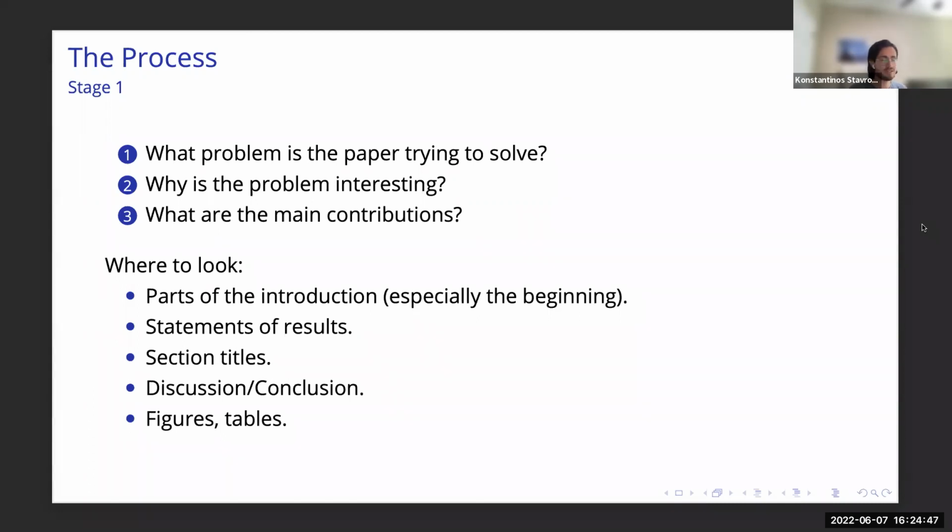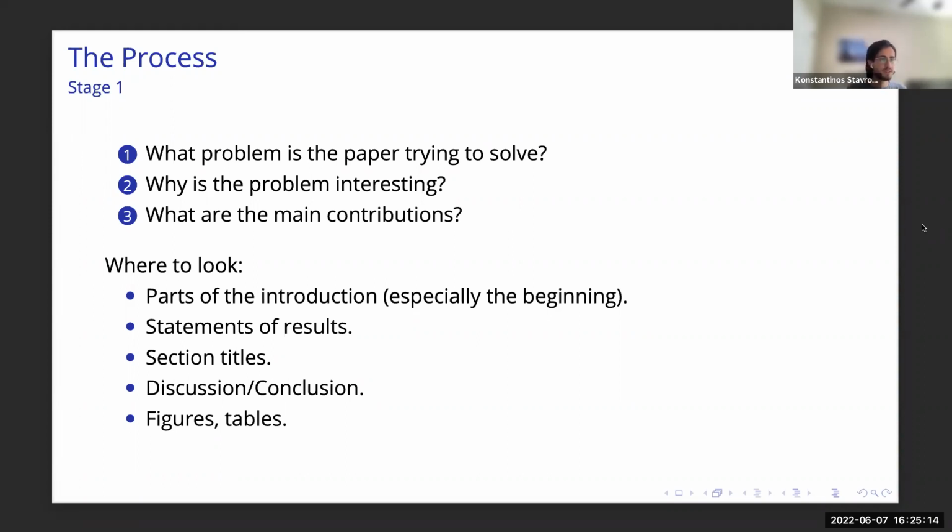It's easier to get this general idea. And sometimes the discussion or conclusion is also helpful for that matter. But in this setting, one tries to be very quick, very efficient, and pinpoint some short answers to these three questions.